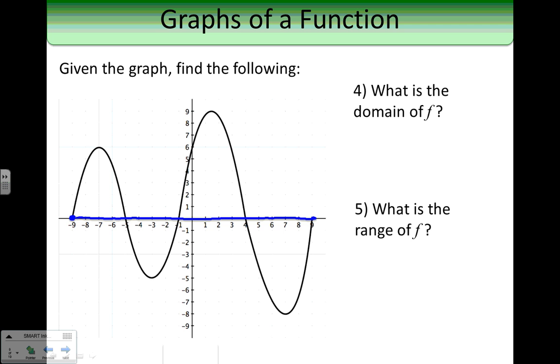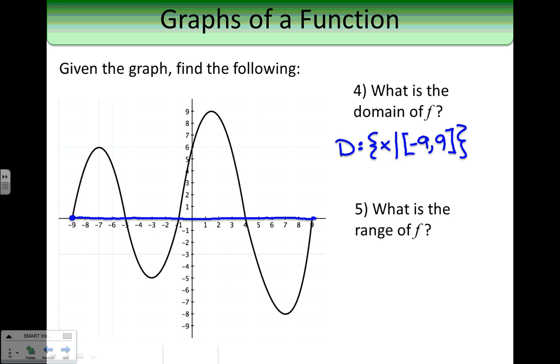There is a point at -9, so it can be equal to -9. There is also a point at 9, so it can be equal to that. So it goes from -9 to 9. That's going to be your domain. It's easy on the graph because you're just looking at it. What are all the x values that are represented on the graph?